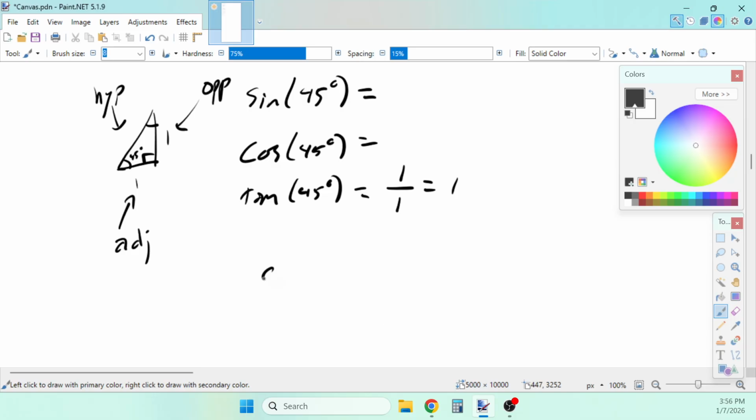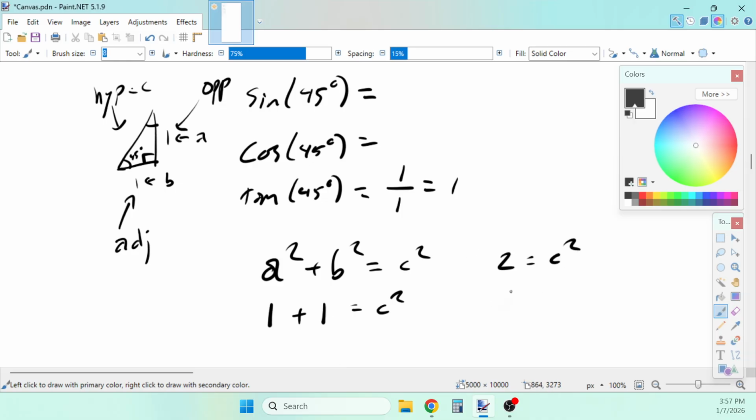It turns out we have the Pythagorean theorem, which I might prove in a video in the future. The Pythagorean theorem says that a squared plus b squared equals c squared. Well, 1 squared is 1, 1 squared is also 1, and c squared is the thing we're solving for. 2 equals c squared, so c equals the square root of 2.